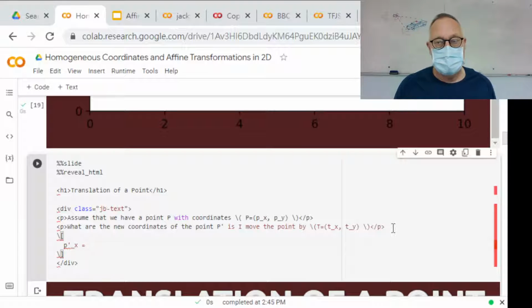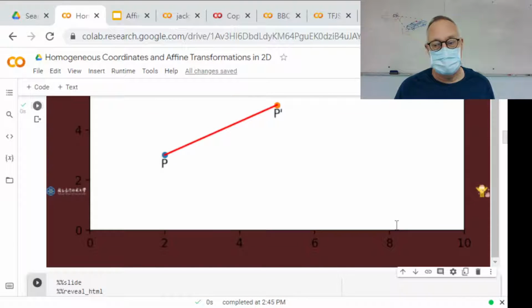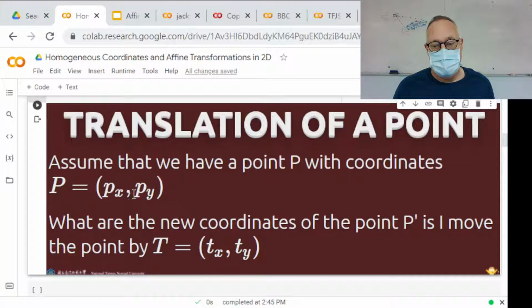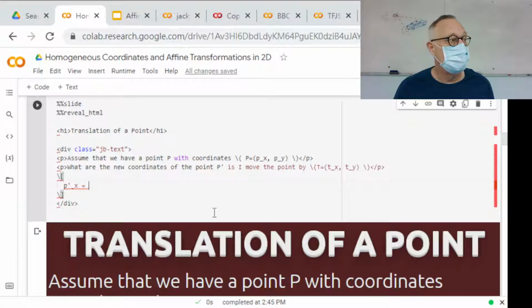Then what's the new x-coordinate of my point? In general, if I have px and tx and py and ty, not just the numbers. The numbers are just because I drew them. Like I had to put in some numbers so I can draw it. But in general, if I have a point with px, py, and I move it by tx, ty, then what's the new coordinate?